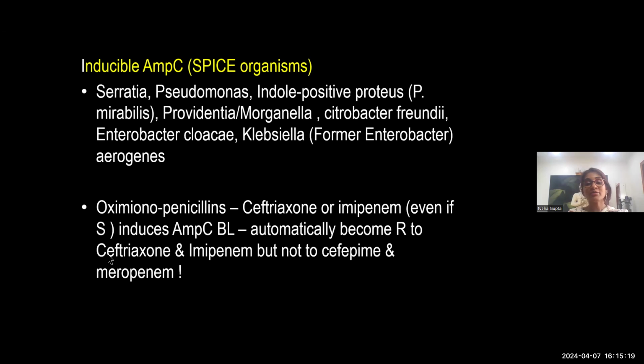So if the culture report is showing resistance to cefepime, then it is likely an ESBL. But if the BL-BLI combination is intermediate, but cefepime is susceptible, then it could be AmpC beta-lactamase.